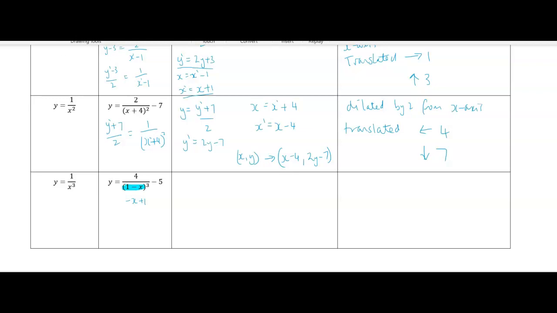All right, so let's just do our mapping, because sometimes I think reading it can get a little bit confusing. Y plus 5, and then we're going to divide by 4.